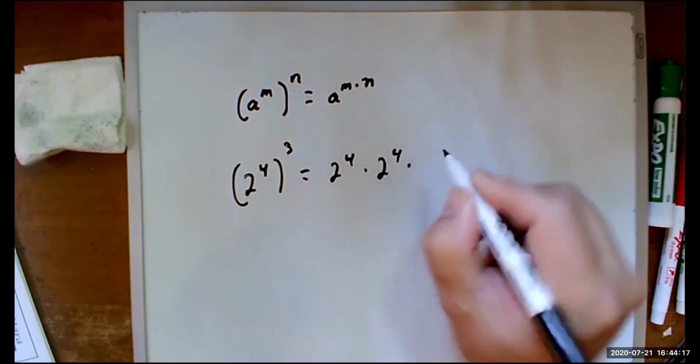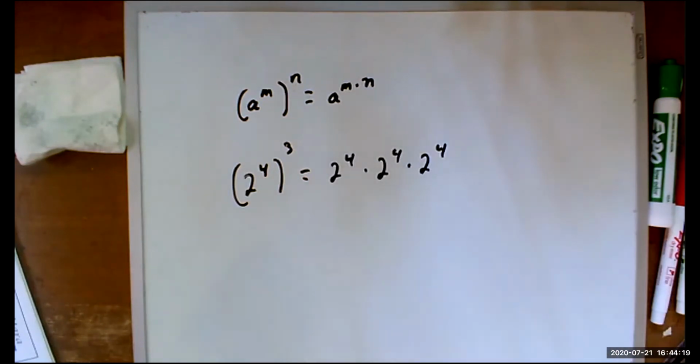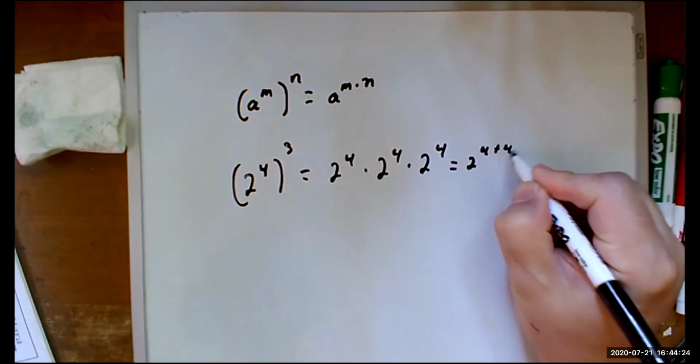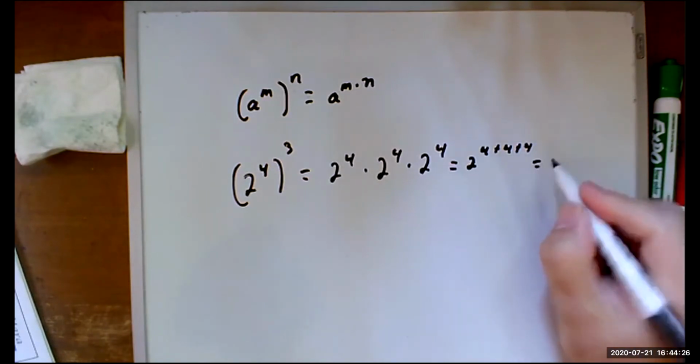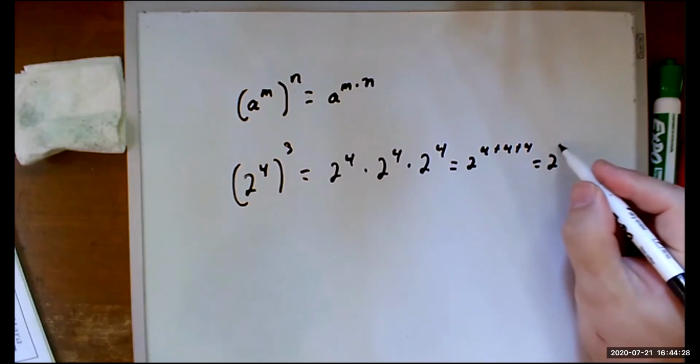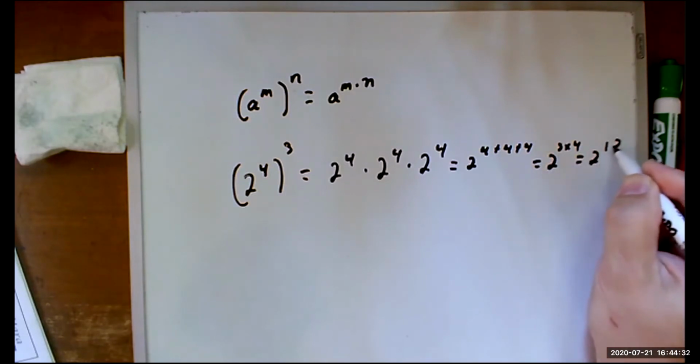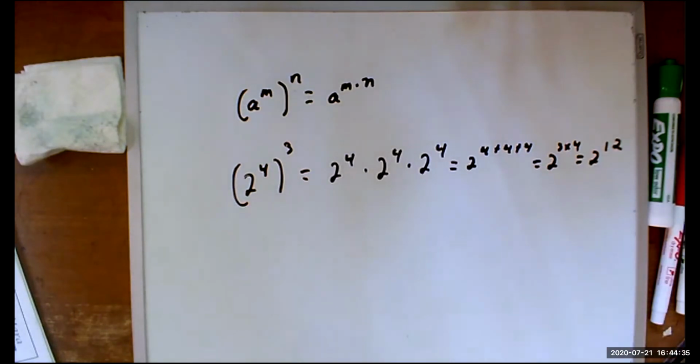We do that because if I have 2 to the power of 4 raised to the third power, that's going to be the same as saying 2 to the power of 4 times 2 to the power of 4 times 2 to the power of 4, which as we just learned is the same as saying 4 plus 4 plus 4.